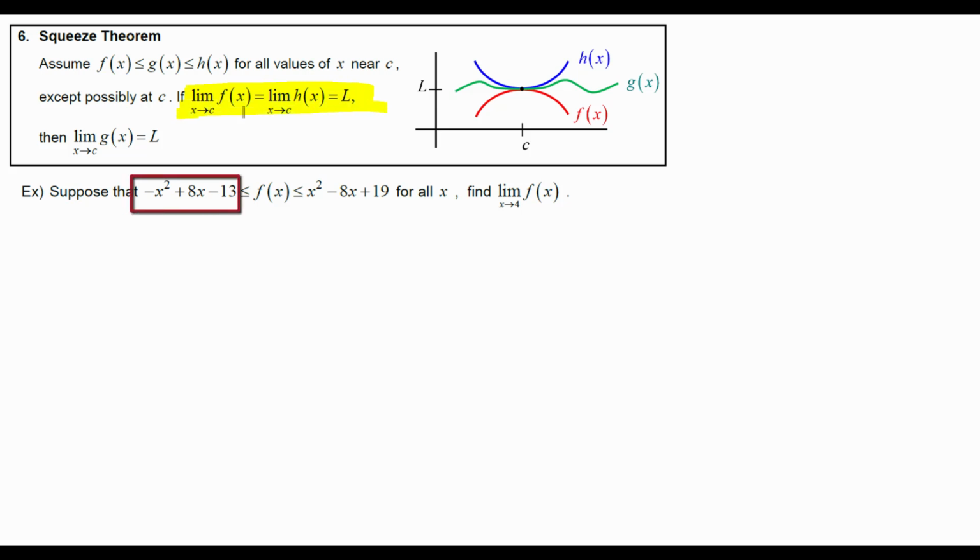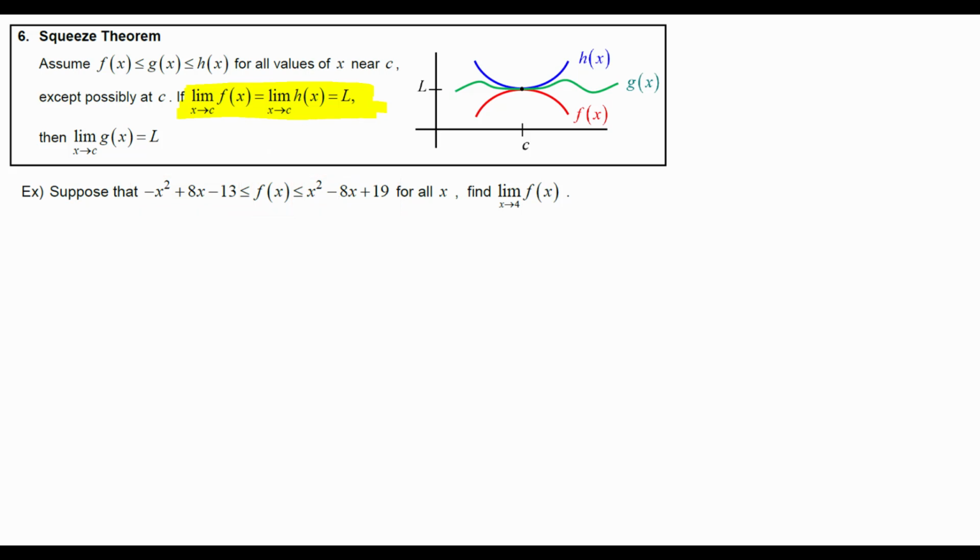Find the limit as x approaches 4 of the left-hand side function, and also find the limit as x approaches 4 of the right-hand side of the f of x function. And if they are equal, then by the Squish Theorem, the limit of f of x as x approaches 4 has to be the same as the limit of those two functions.